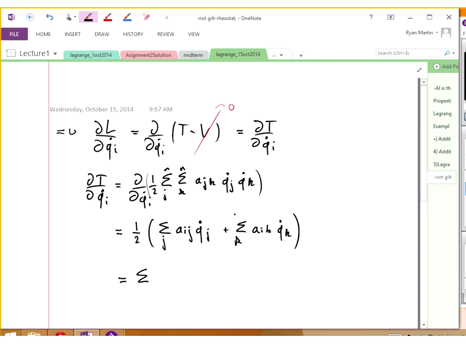And so that's just, because it's a half times the sum of two things that are the same, equal to, let's choose the one with K, the sum of A_ik Qk dot. These two terms here are equal, so half times the sum of the two is just one of them.